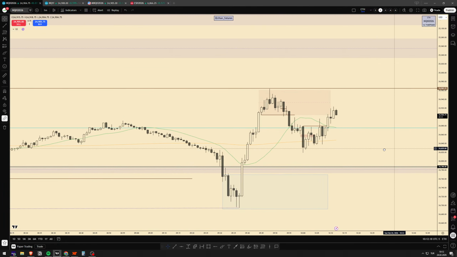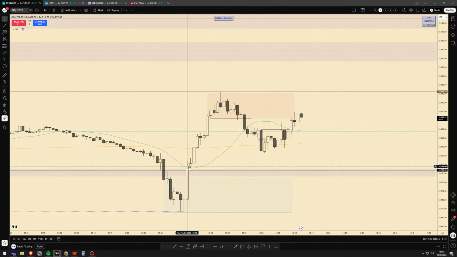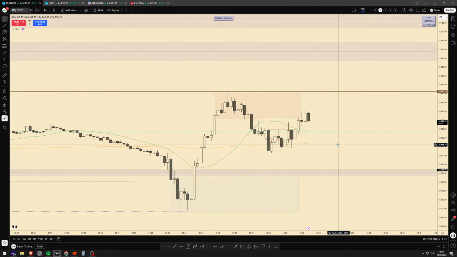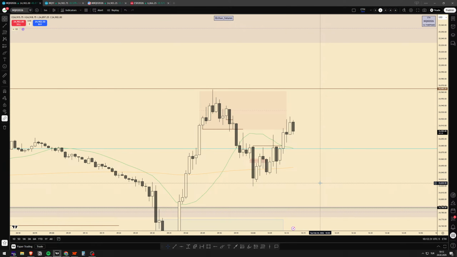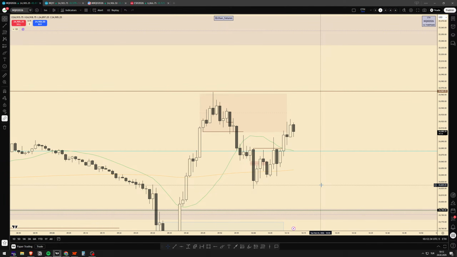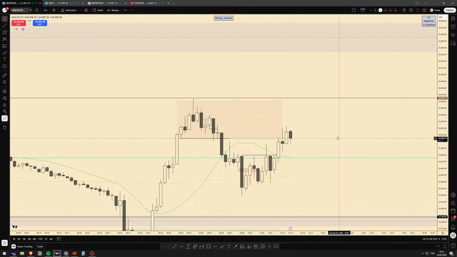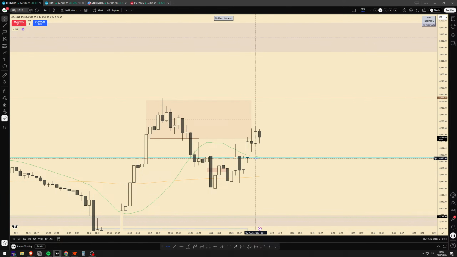I mean, we could have bought from here or from other levels, but that's not really what we want to do. We want to make our analysis, pick our direction, and then listen to the price, what it says, and watch what it does and where it goes. These are really important things. So I believe price might want to tap this 20 SMA.